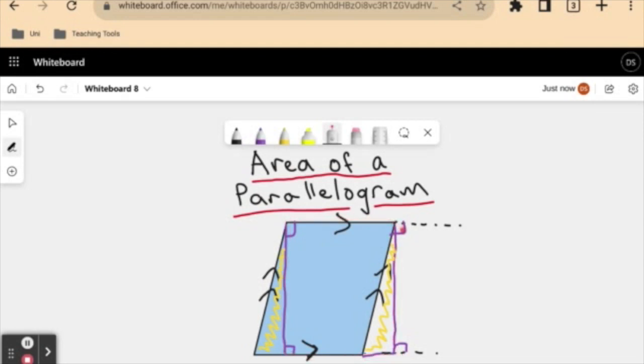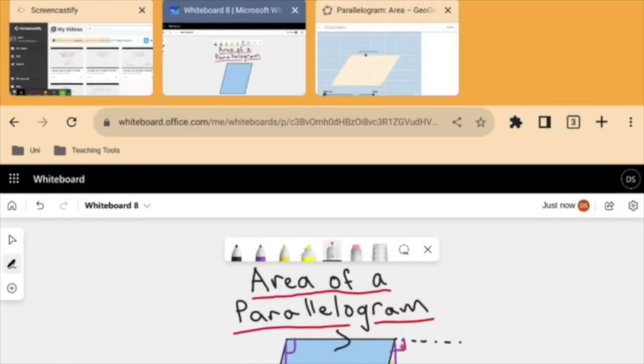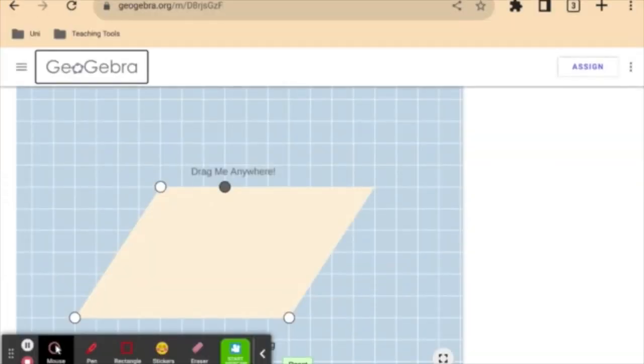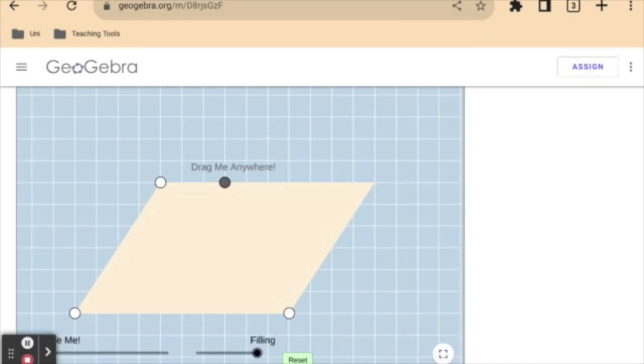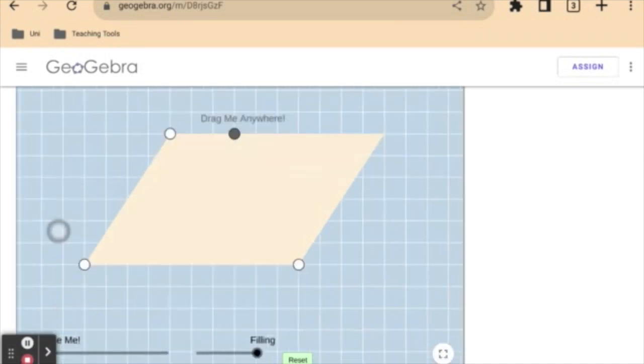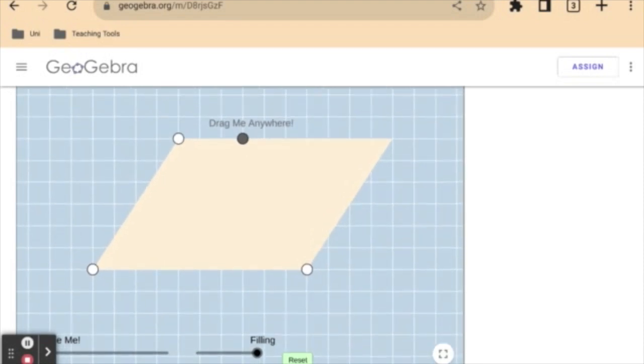And this essentially doesn't matter where we draw this line, because an inherent feature of parallelograms is that we can chop up one bit of it, slide it across, and we will make a rectangle. Let me show you an example on another tab here from GeoGebra. Well, this isn't going full screen, but that's okay.